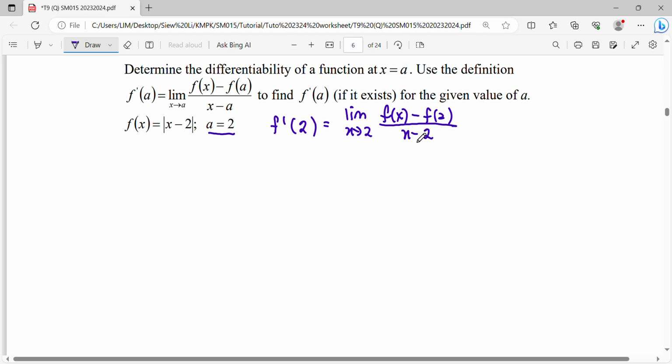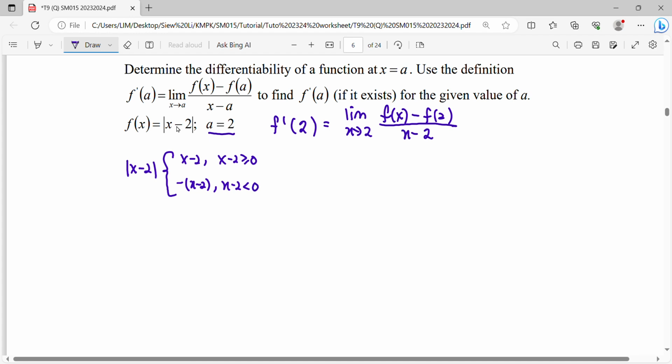And then look at our function, the modulus function. For a modulus function, we have to define it as piecewise: x minus 2 when x minus 2 is greater than or equal to 0, and negative when it is less than 0.